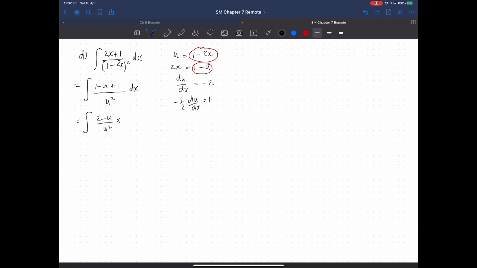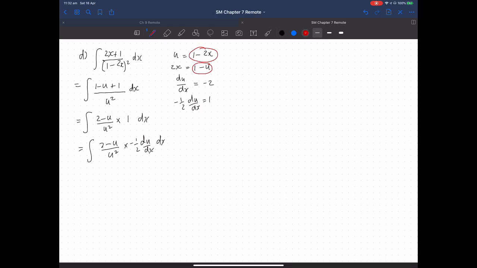What we're going to do to get a du dx in there to cancel with the dx is, again, multiplying by 1. 1 we know is equal to minus 1/2 du dx. So I've got 2 minus u on u squared times minus 1/2 du dx, which is 1, dx.